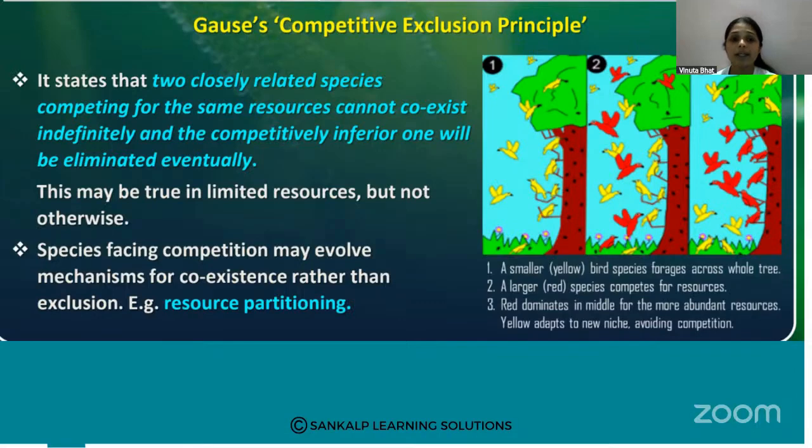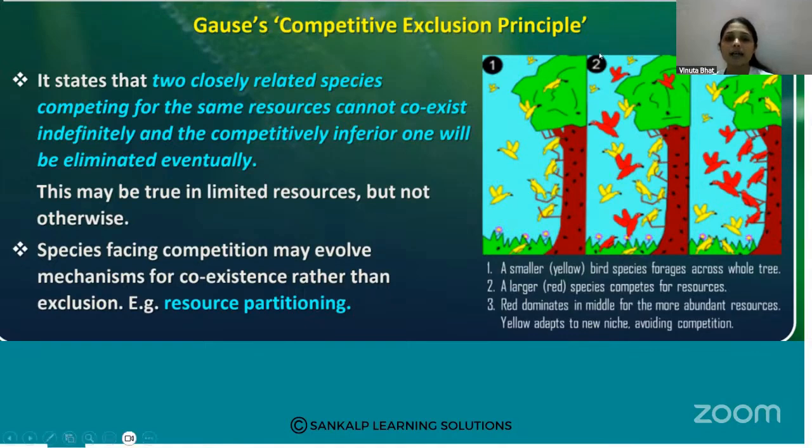This may be true in limited resource conditions but not otherwise. One eliminating the other is possible only when resources are limited. Otherwise, species facing competition may evolve mechanisms of coexistence rather than exclusion.